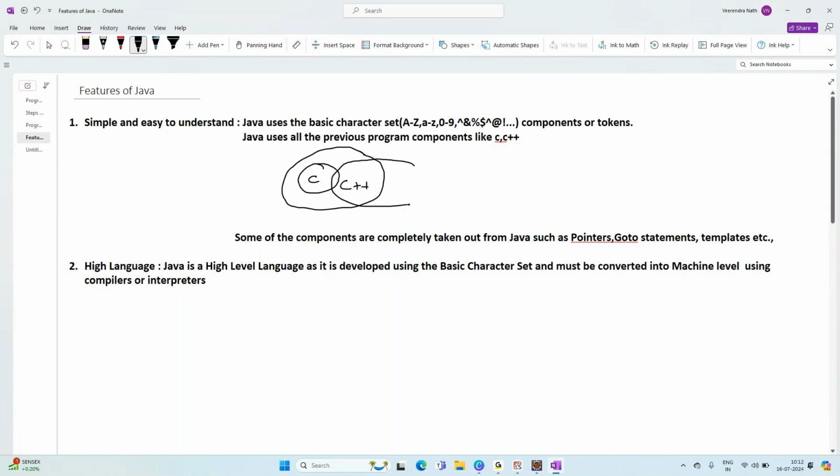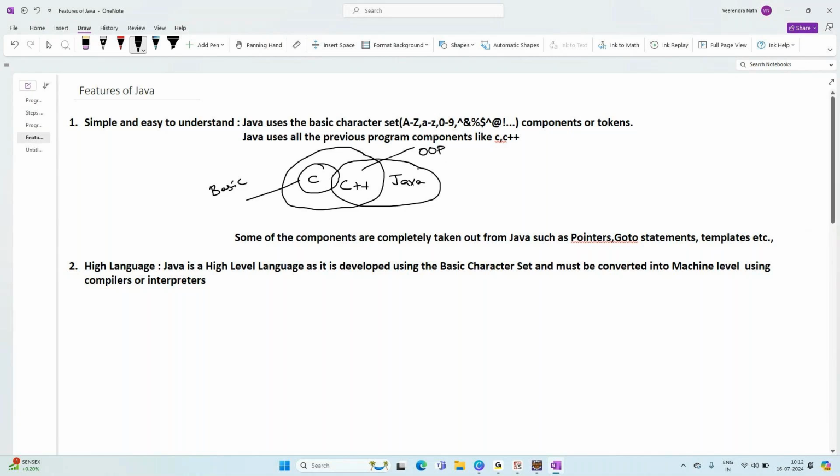So Java is said to be derived from C and C++. What it has taken from C is the basic programming part, and from C++ it has taken the object oriented programming concept.